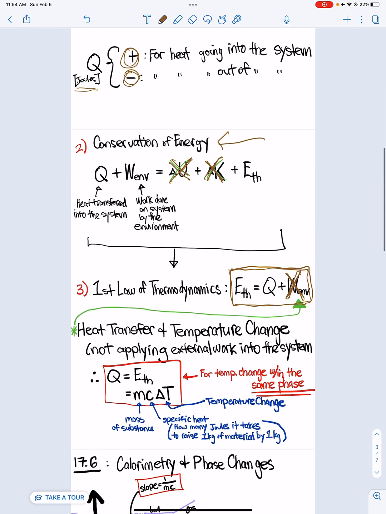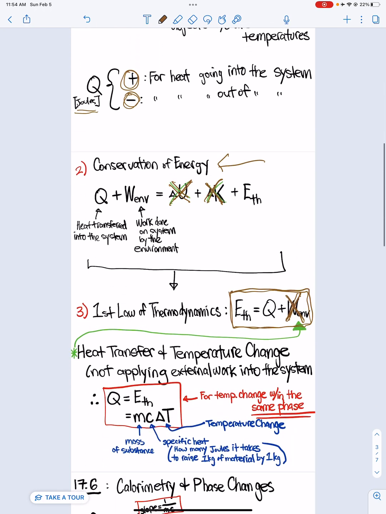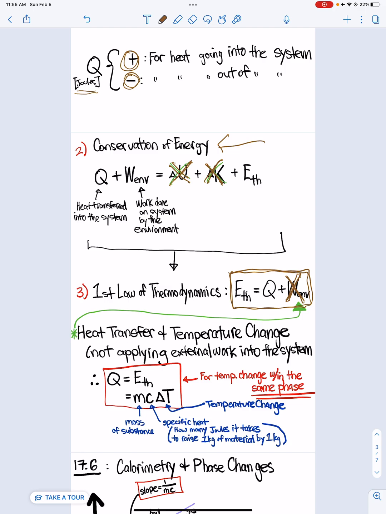So now what we're left with is Q, or heat transferred into the system, is equal to E subscript TH, which is change in thermal energy. And another way of writing E_TH, or change in thermal energy, is mc delta T. You should know that.